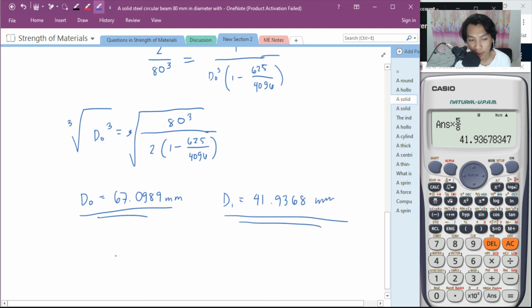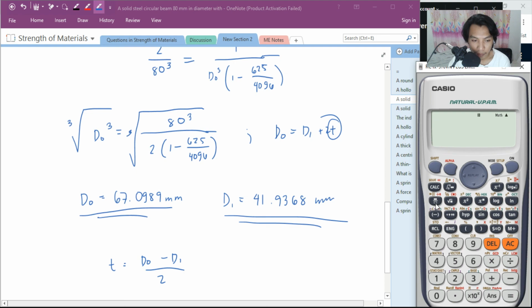What we are looking for here is the thickness. From the formula, Do is equal to Di plus 2t. Thickness is what we are looking for. T will be equal to Do minus Di divided by 2. Okay, that's it. So, we can solve. 67.0989 minus 41.9368, divided by 2.